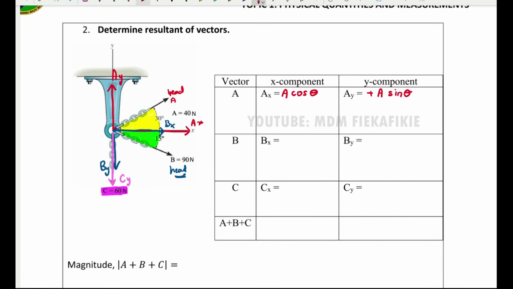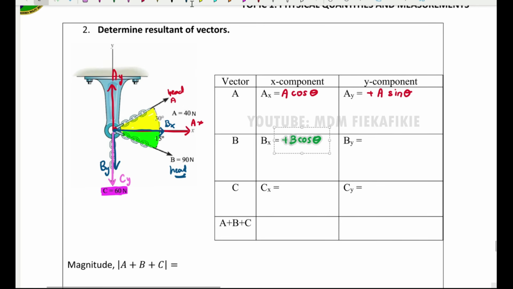Okay, kalau untuk B pula, you tengok kat sini sama juga. Angle ini rapat kepada X component. Jadi B ini akan jadi positive to the right. So, positive B cos theta. Tetapi BY kita downward. Okay, BY kita downward. So, dia akan jadi, ni saya nak tukar colour lah. Saya nak tukar colour biru.